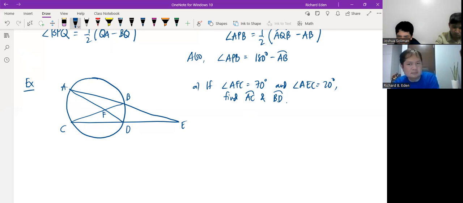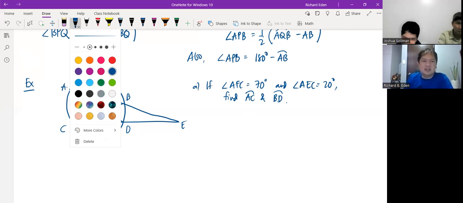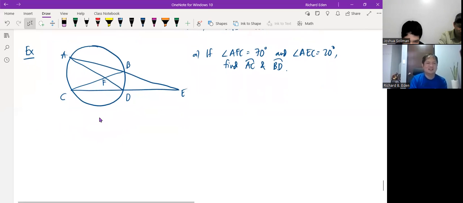Maybe we could use some algebra. Sige, tell me what you want to label. Actually, we could just use AC and BD. Okay. AFC is one half of AC plus BD, while AEC is one half of AC minus BD.